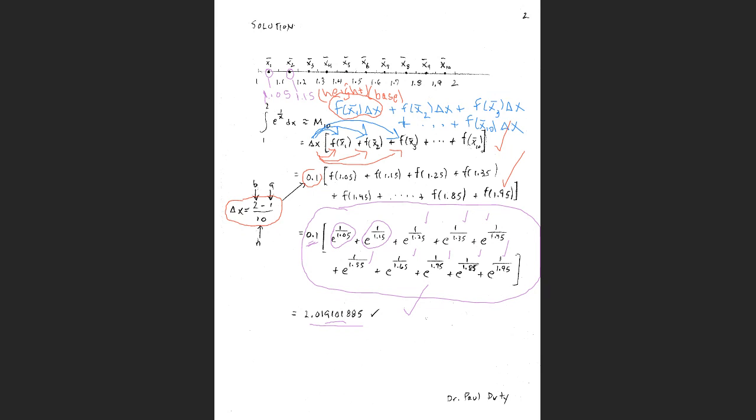So what I'm doing, class, is going to Desmos right now, and I'm actually going to compute this, and hopefully I will get the 2.019.101.885. So you try it too. You go to Desmos. I can actually bring Desmos up on the screen, but let me give you another moment to make sure you have this copied down, and then I'll bring up Desmos. But if you're done copying down, try getting the approximation on Desmos.